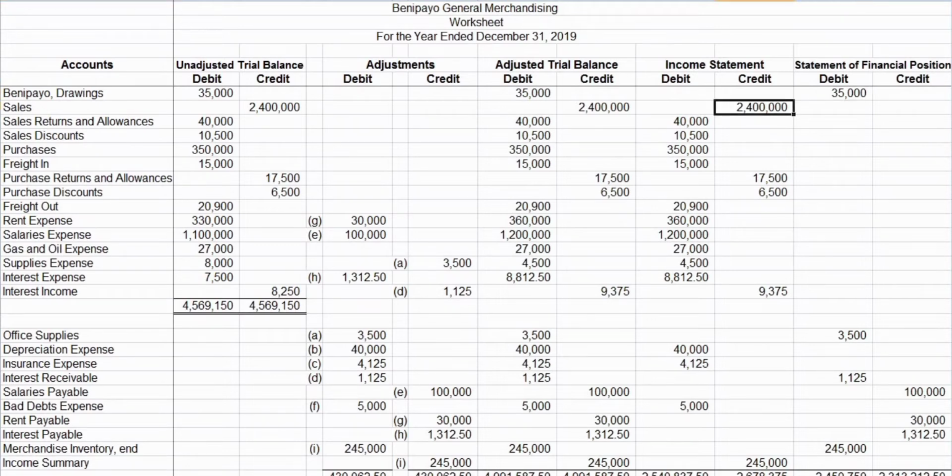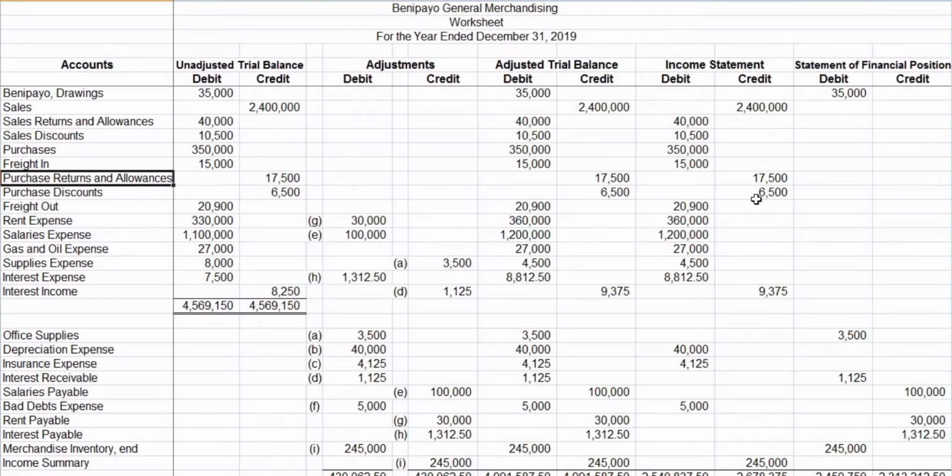The first figure is this 2,400,000, which is the balance of the sales account. Since this amount is a credit balance, to close it, we have to debit the account name sales for the amount of 2,400,000. Then likewise, we have to debit for 17,500 the account name purchase returns and allowances.